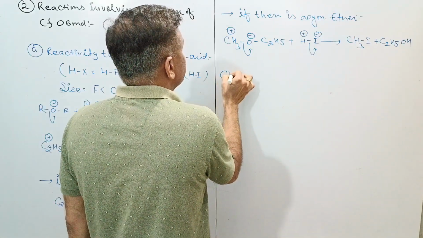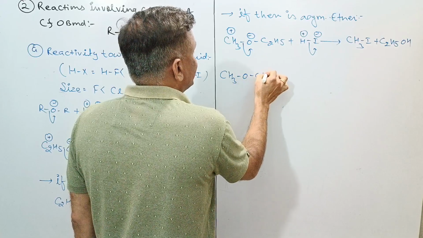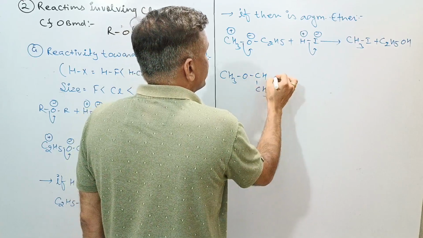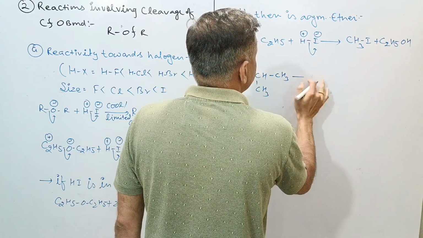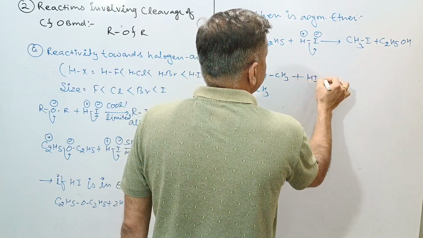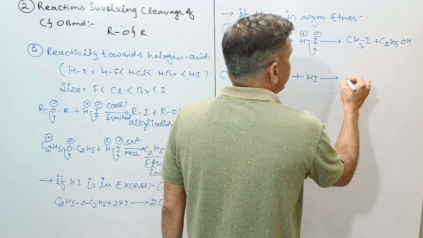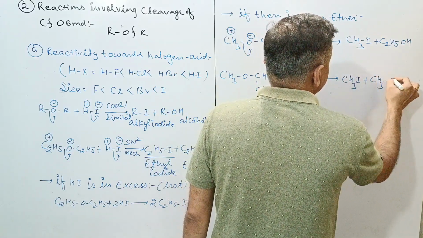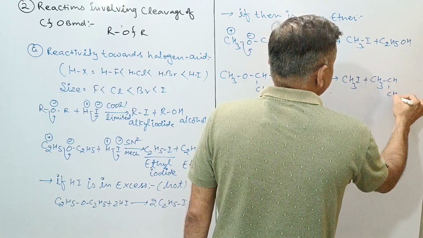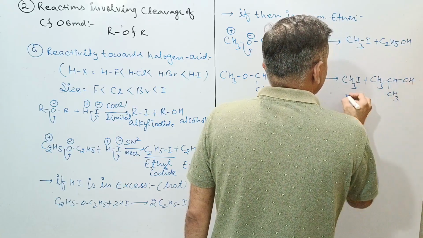If there is a secondary group like this, then again on reaction with HI, it will form CH3I plus CH3CHCH3OH, isopropyl alcohol.